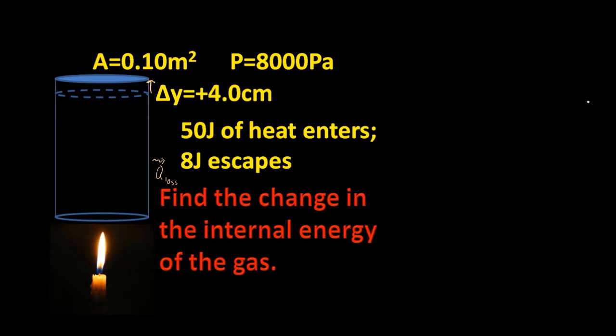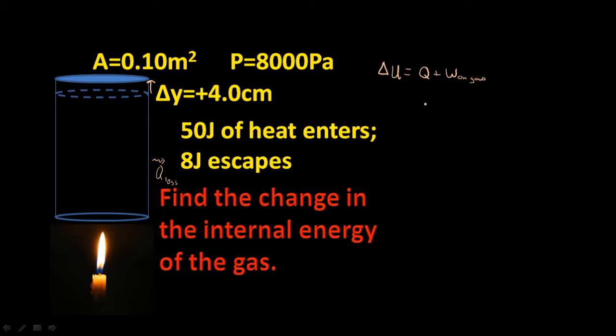Our question is to find the change in the internal energy of the gas. Seems really complicated, doesn't it? Well, not so much. You see, all we have to do is use the first law of thermodynamics. It says that the change in internal energy, and that is what the question is asking for, is equal to the heat added plus the work done on the gas.